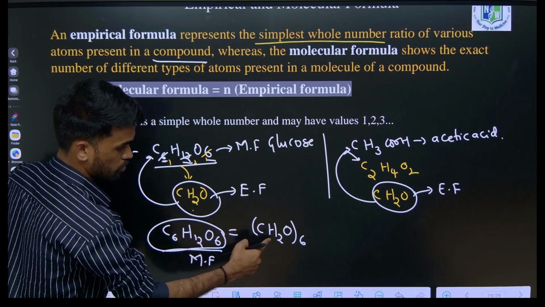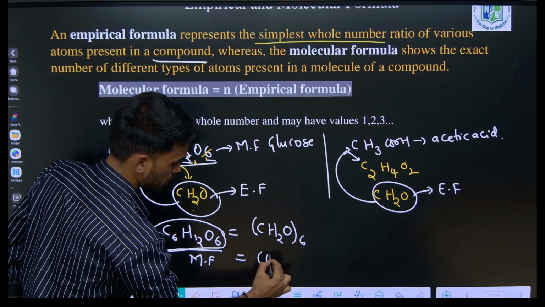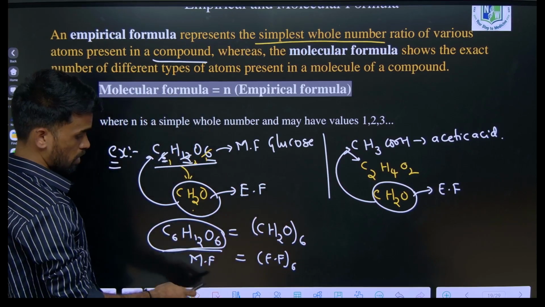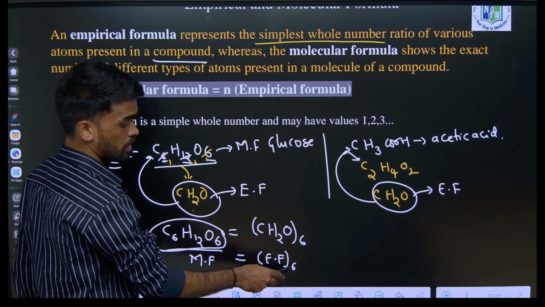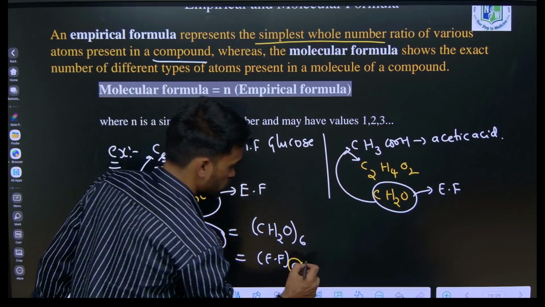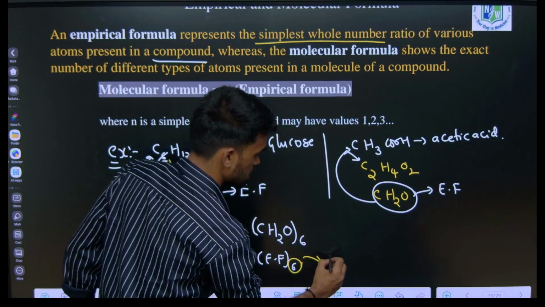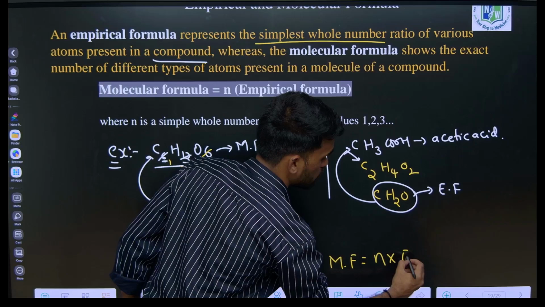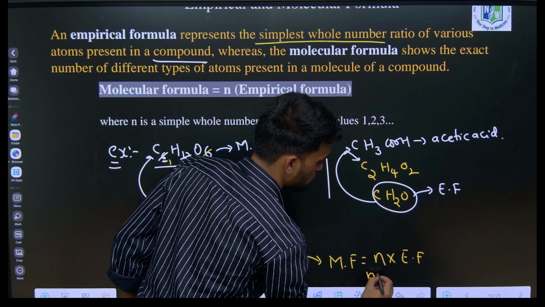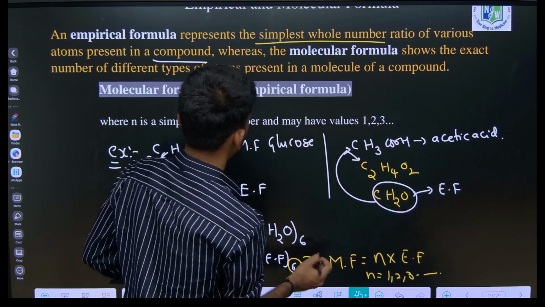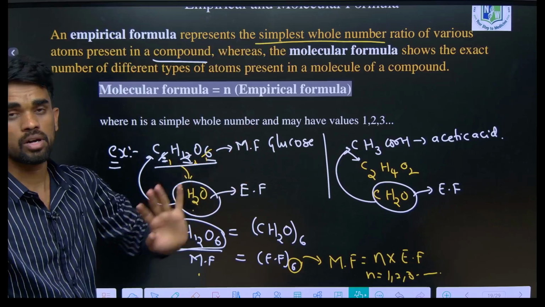This is the empirical formula we got over here, in brackets, and here I am writing 6. So molecular formula equals empirical formula into some integer number. Here I am making it a generalized formula: molecular formula equals n times the empirical formula, where n equals 1, 2, 3, 4, and so on. So this is how we got the formula.